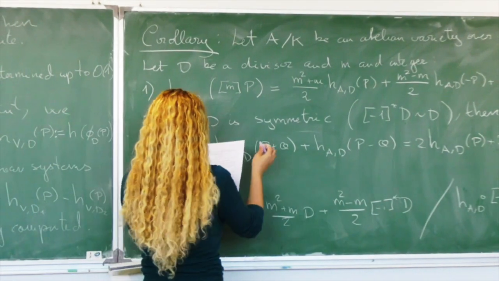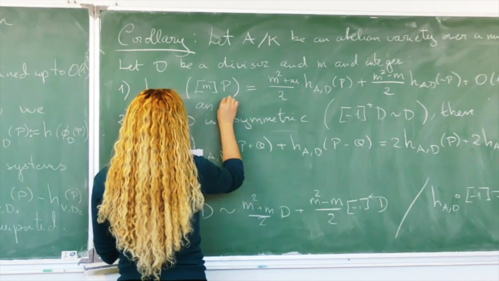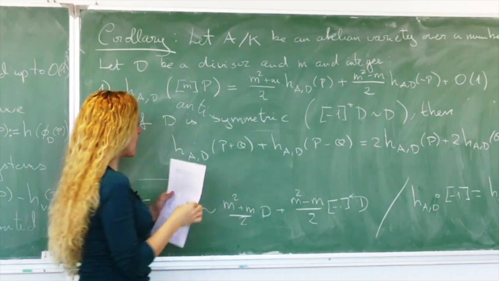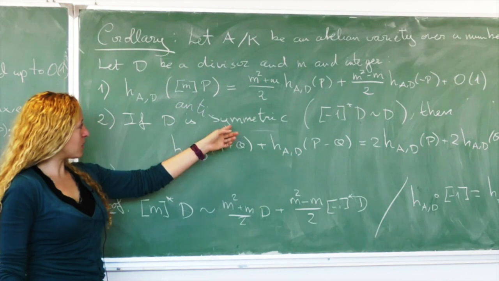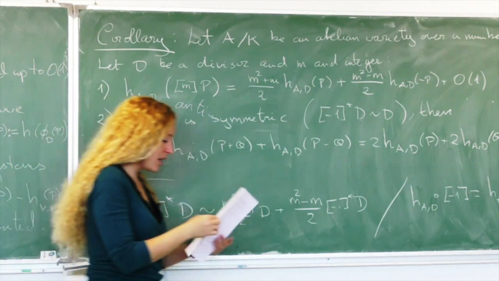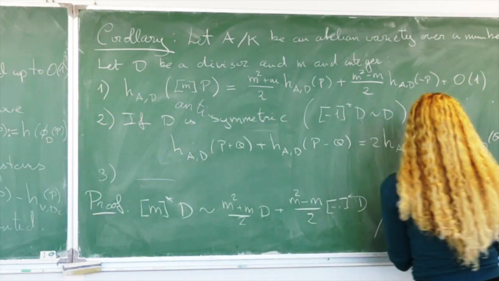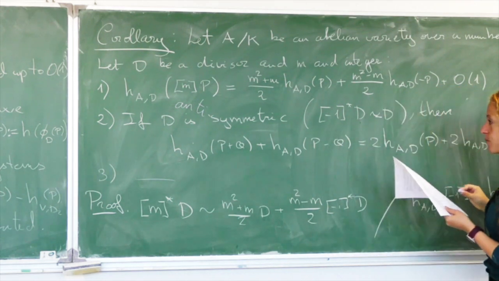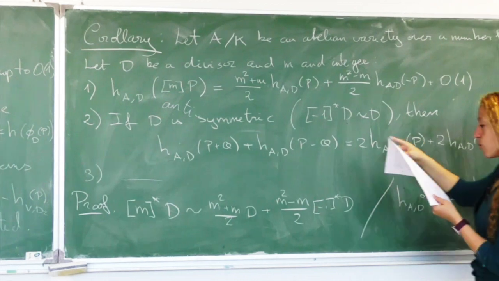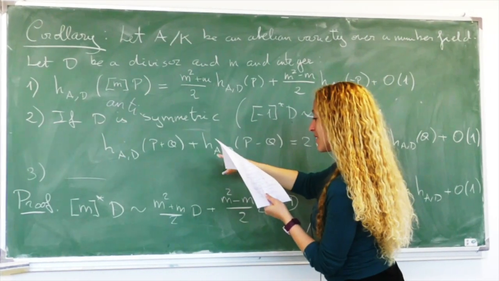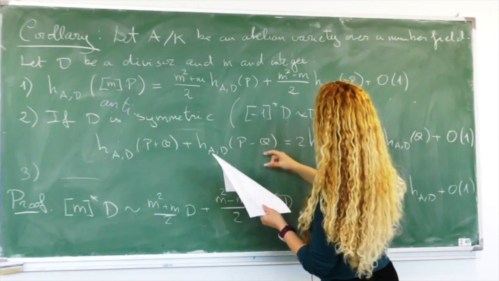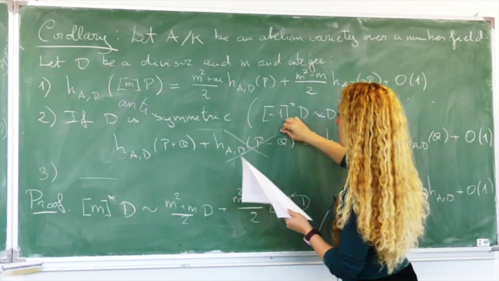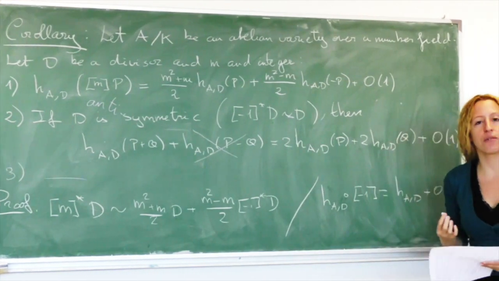In this case, D is anti-symmetric instead of symmetric, meaning that we don't have exactly this, but with a minus here. Then we have a relation that says this is equal, you can forget this term, and you get this equality.